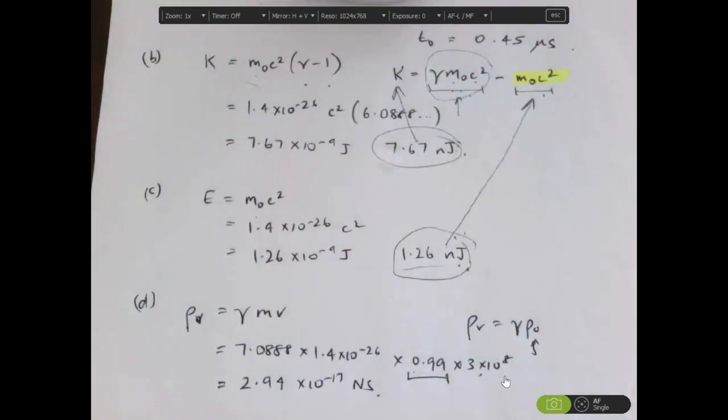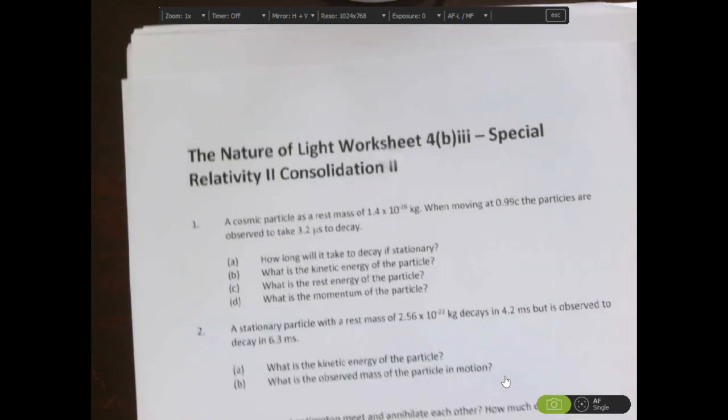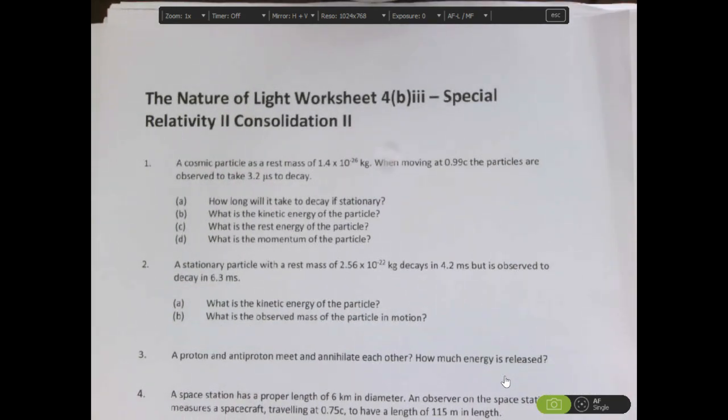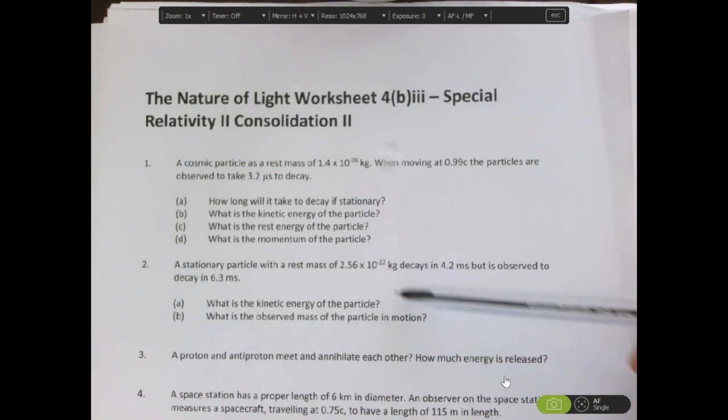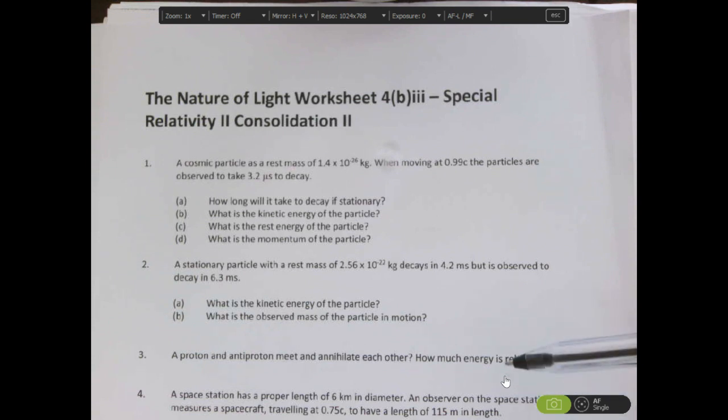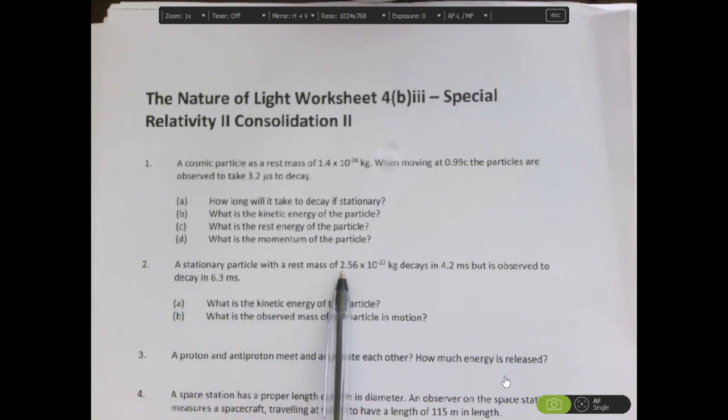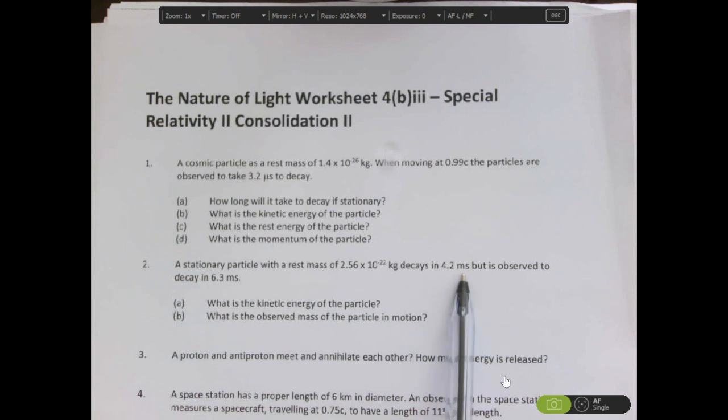Okay, let's do question 2 now. Question 2 says a stationary particle has a rest mass of 2.56 by 10 to the minus 22 kilograms, and it decays in 4.2 milliseconds, but is observed to decay in 6.3 milliseconds.